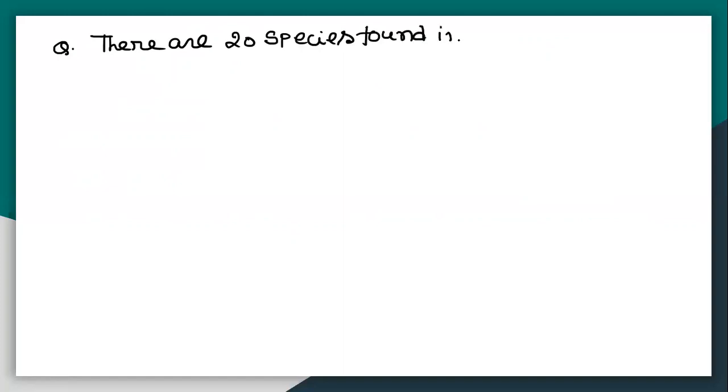The first question we'll see: there are 20 species found in community 1 and 25 in community 2.